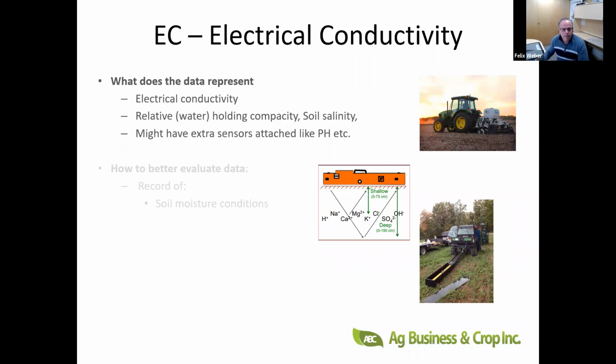So what is important with the data when we collect it? Follow all the calibration and setup recommendations from the manufacturers. Don't travel too fast. Because the sensor in a way measures water, and the amount of water is relevant, you must map a field within the same day.